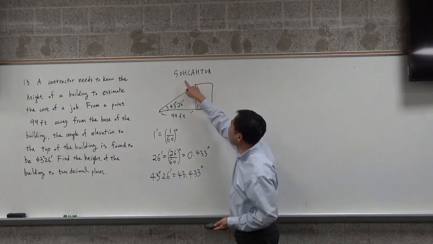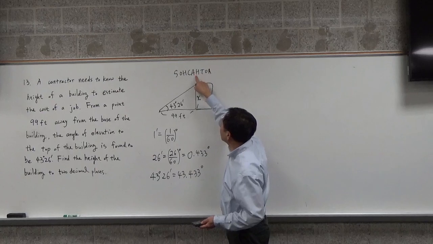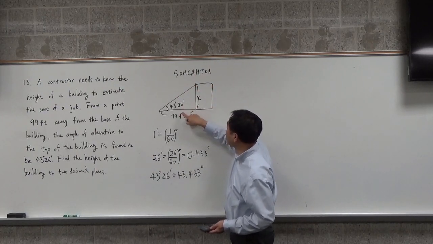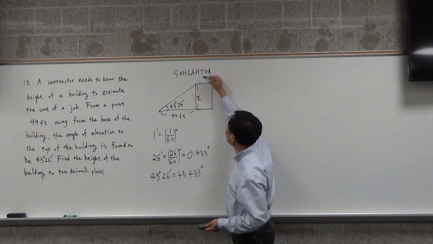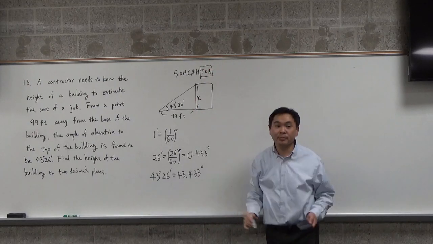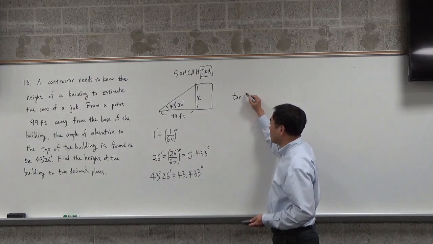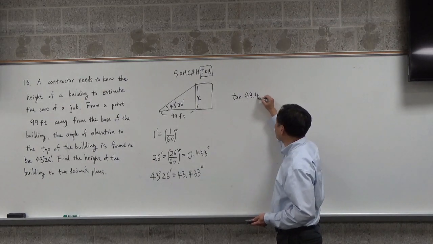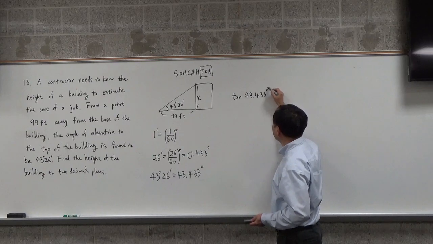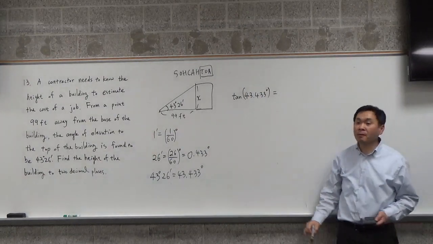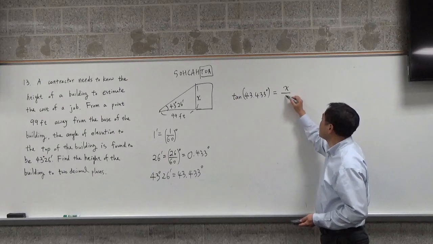Therefore, you have to identify the trigonometric function that involves opposite and adjacent, O and A, and that one is the tangent. So we now have tangent of 43.433 degrees equal to what over what? X over 99.